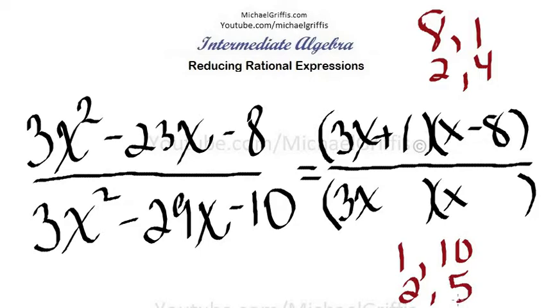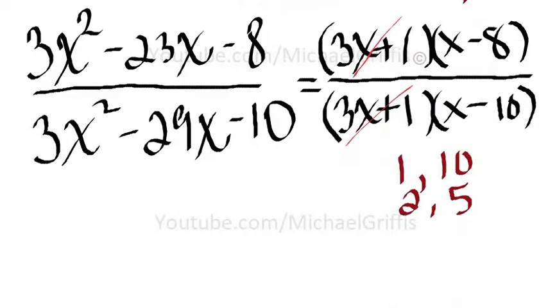Well, it looks like 10 times 3 is 30 minus 1. So that looks like this is going to be a 10 here and a 1 there. So that's going to have to be minus and plus, of course. Okay. So now you can see we got a 3x plus 1 in the numerator and a 3x plus 1 in the denominator. So those are going to cancel out.